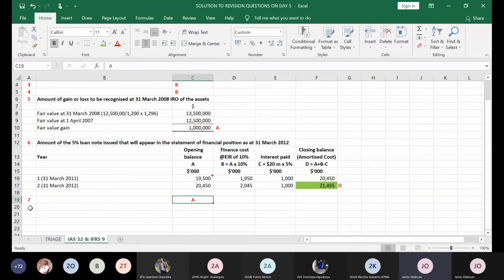Another one is if inventory whose cost is 100 at the end of the year was sold shortly after the end of the year, but before the financial statements were authorized for issue, for, say, a net realizable value of 90. But at the end of the year, it was sitting in your inventory at 100.